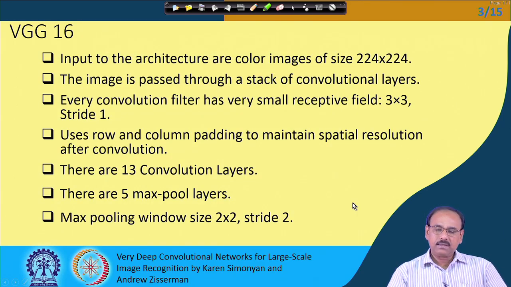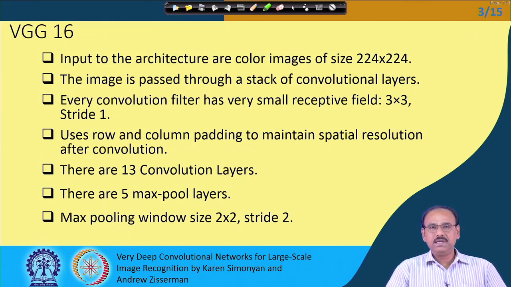Now, if you look at the different features of the VGG16 CNN architecture, you find that VGG16 accepts color images of size 224 by 224 pixels. Since these are color images, there are 3 different channels at the input: red, green and blue.